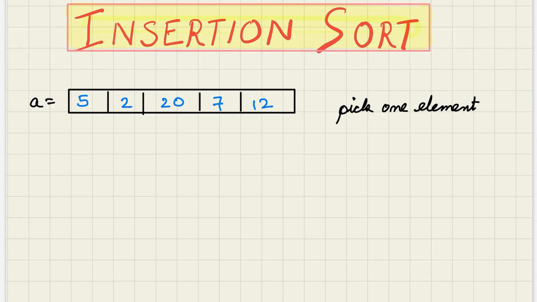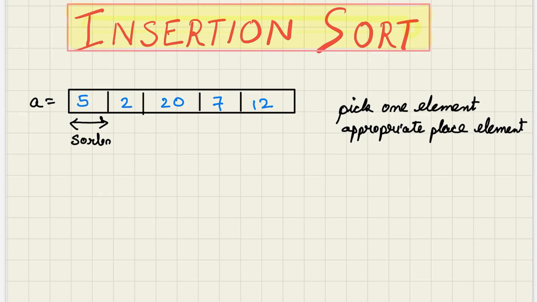So you cannot put the particular element anywhere. You need to first find the appropriate place where you need to place your element. So for that, let's say I will consider this particular element as the sorted array and the rest of the elements as unsorted array.